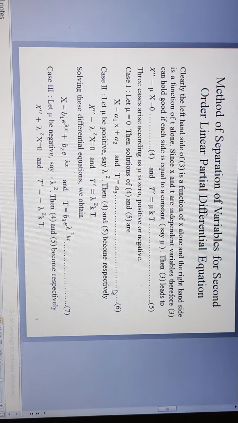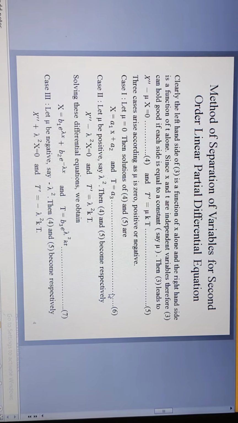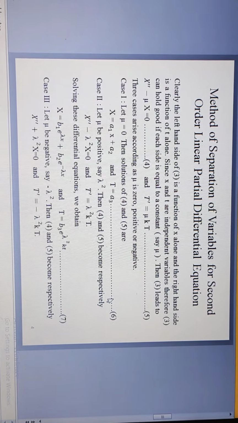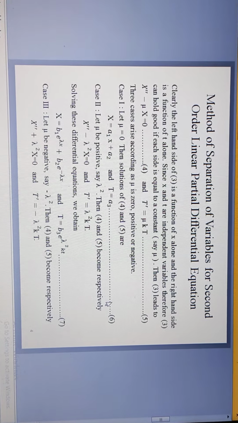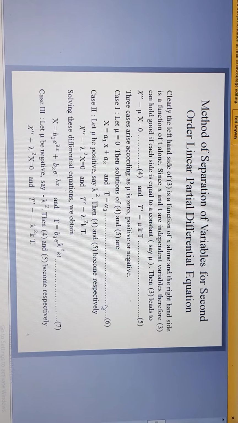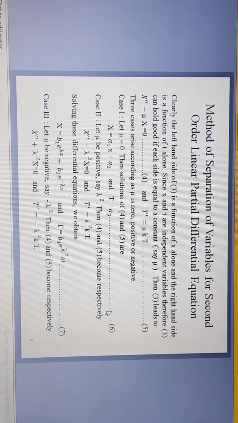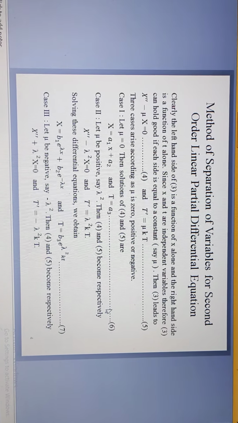The left hand side of equation 3 is a function of x and right hand side is a function of t. X and t both are independent variables, therefore equation 3 can hold good if each side is equal to a constant, say mu. So that here X double dash minus mu X is 0, T dash minus mu kT is 0.